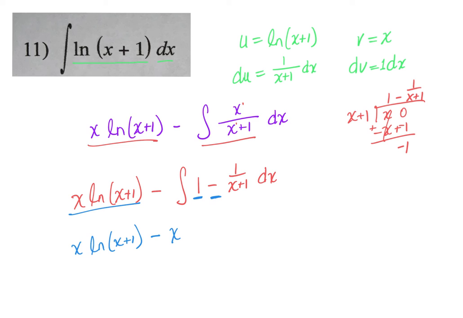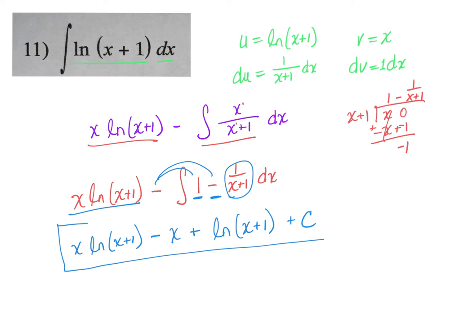And I am subtracting here. Think about it as distribution here, so distributing that negative. So this is actually a plus. And the antiderivative of this piece is the natural log of x plus 1, and then plus c. So this then would be your final answer for that antiderivative.